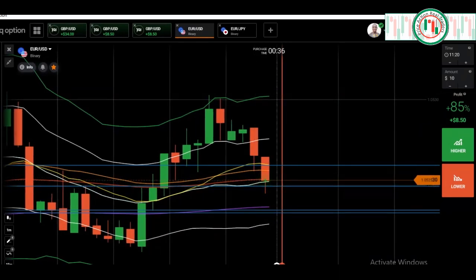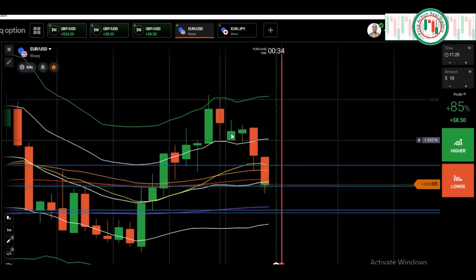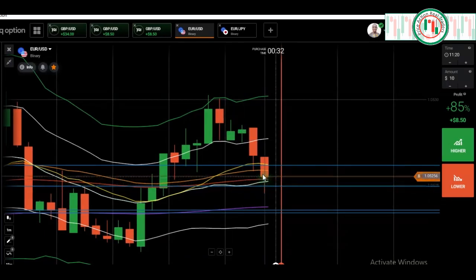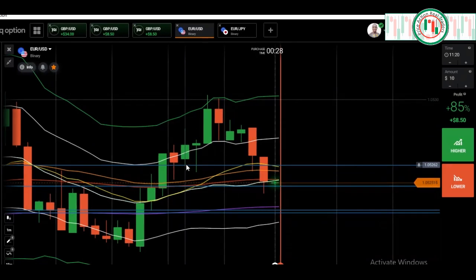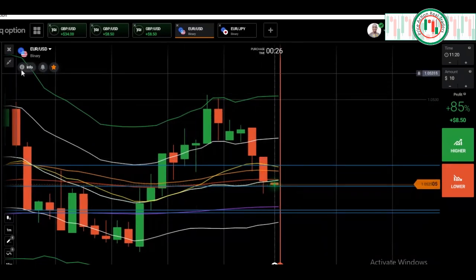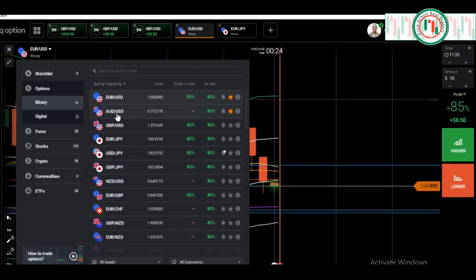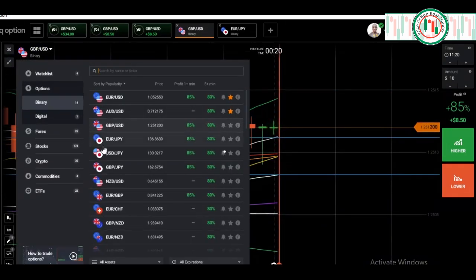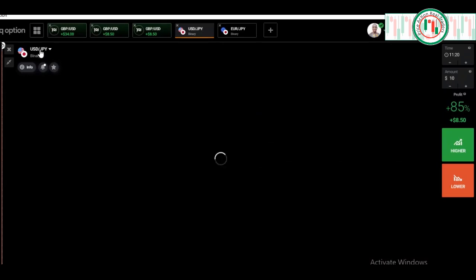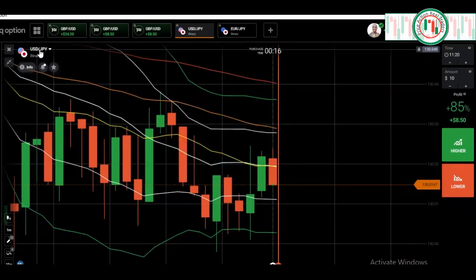I will wait, because if I'm trading a double top, I will place a continuation after this candle. But I'm trading the engulfing zone trading strategy, so I will wait for a good opportunity, for a good zone.